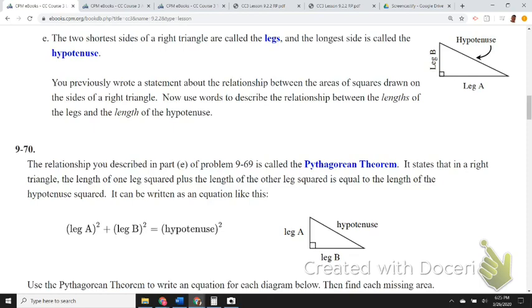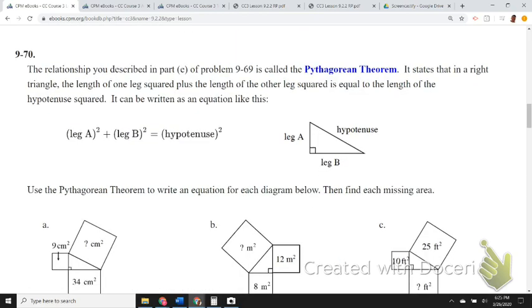You're going to take one leg, square it, take the other leg, square it, and that equals your hypotenuse squared. You might have heard of this before from other people, maybe your brother or your sister. They might have been used to looking at it like this: A squared plus B squared equals C squared.